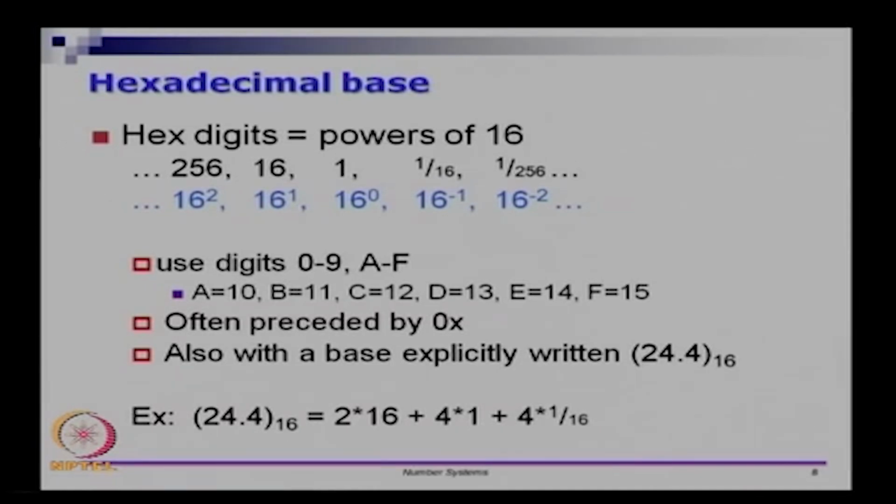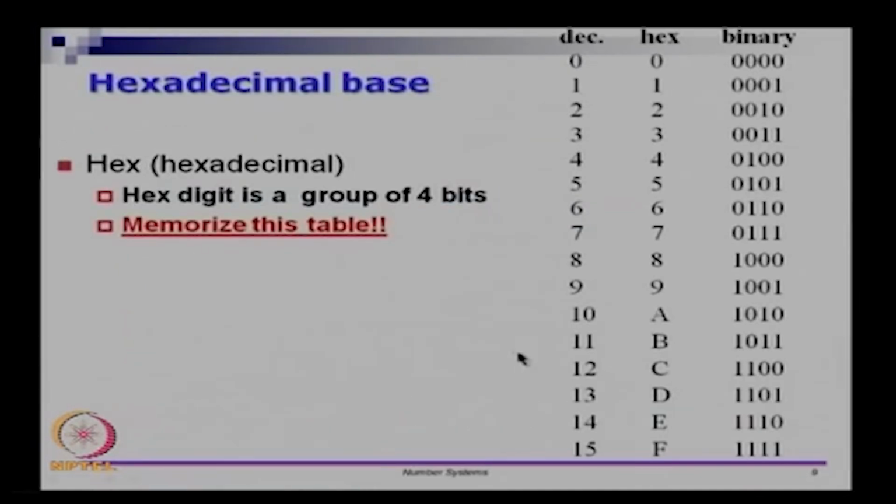We saw this earlier. So remember and memorize this table. Hexadecimal digit is a group of 4 bits. So for decimal 0 to 9, you will see that the binary representation is as we expected. So 1010 is decimal 10, but we will represent that with one hexa digit called A, and 1011 will require 2 digits in decimal, but it actually uses only one hexadecimal digit.